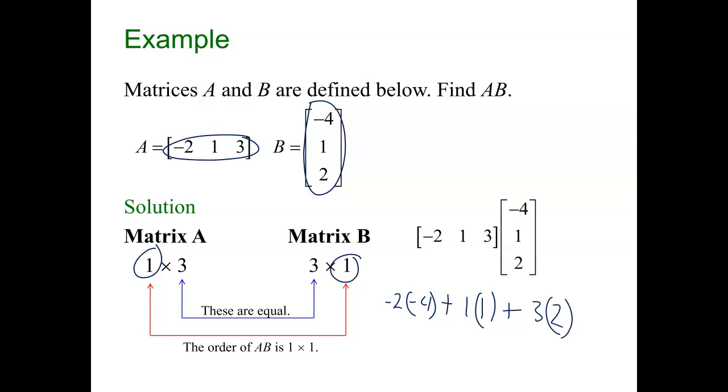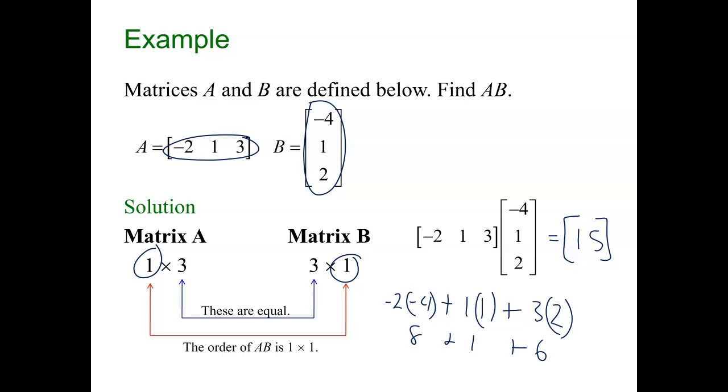Okay? So we only go to a new element when I have a new column. Since my second matrix only has 1 column, I can't go to a new column in my solution. And I only have 1 row, so I can't go to a new row. So I'm going to have 1 row, 1 column. So 8 plus 1 plus 6 gives me what? So my answer is 15. So 1 by 1 matrix for 15.